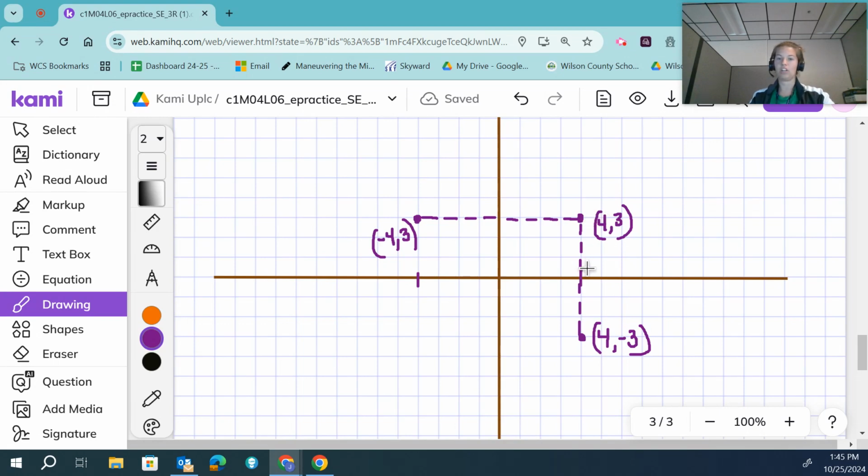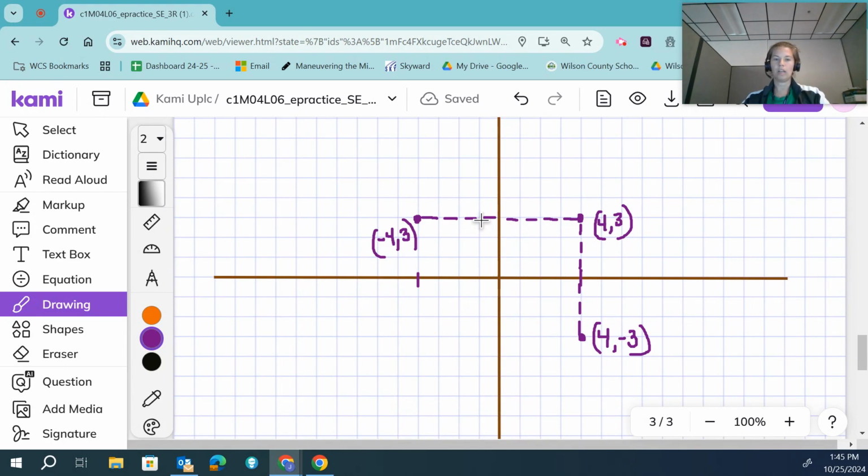So when we reflect across the x-axis, my x value stayed the same, and then I took the opposite of my y value. So whatever axis you are reflecting across, that value stays the same, and then we are taking the opposite of the other value.